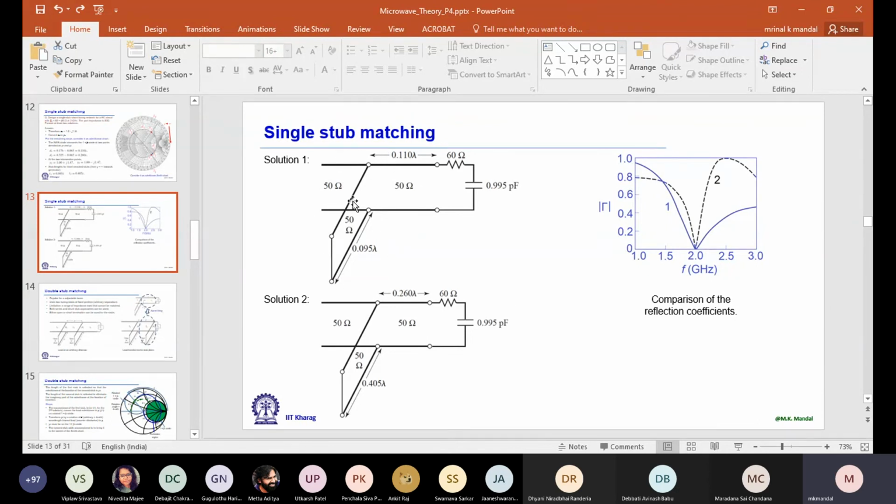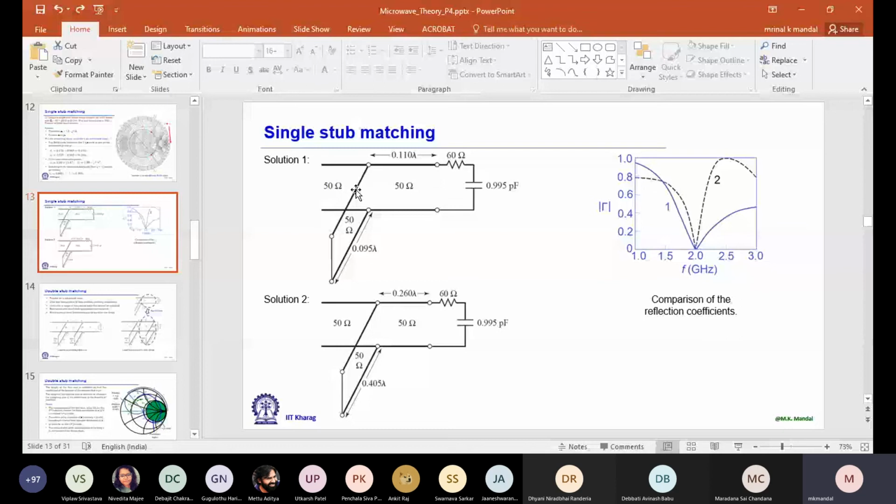tunable here, and let's say we are having a tunable shunt stub. We also have in our microwave lab a setup where we can change the length of the stub manually by using your hand. Now that is not enough.